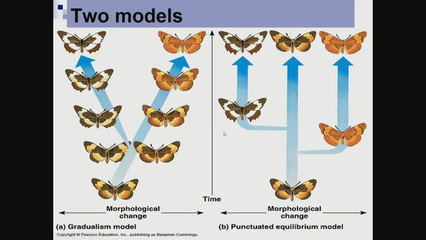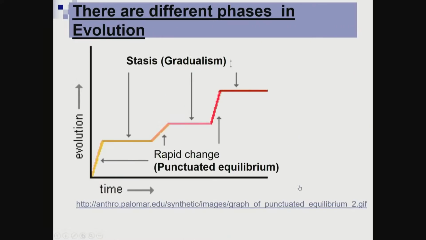Either they can give you a graph just to show you this is gradual evolution taking place, and this is punctuated: long periods where there is no change, but then a short period with a rapid change in the color or the species or whatever. Just a diagram or graph to explain it.